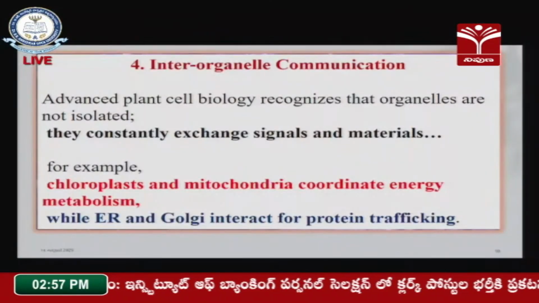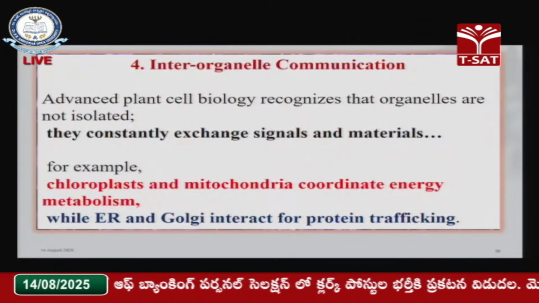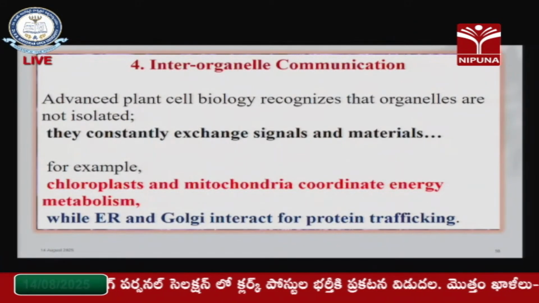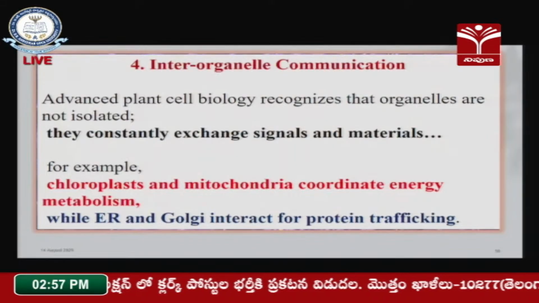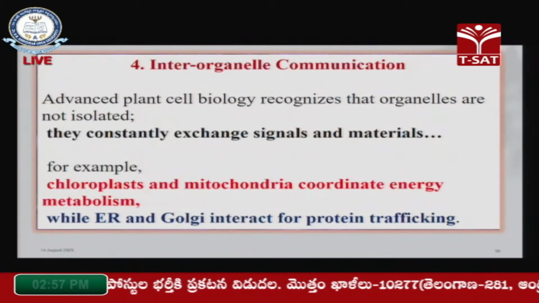And most important, finally, inter-organelle communication. The chloroplast and mitochondria combinedly coordinate energy metabolism, whereas the endoplasmic reticulum and Golgi apparatus interact for protein trafficking at the molecular level.